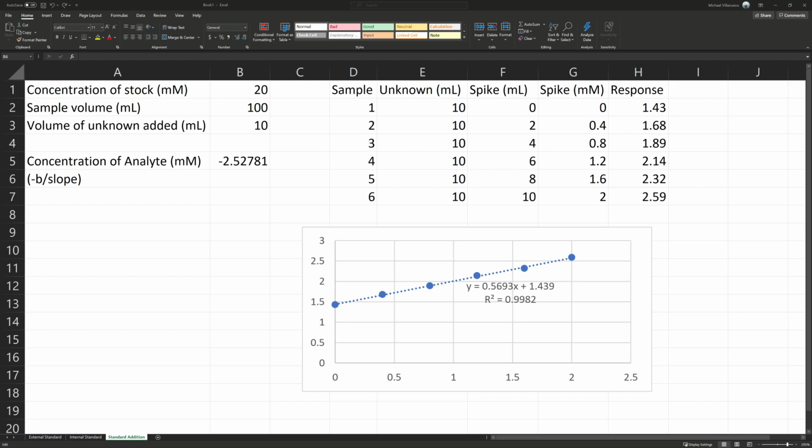There is one more thing that we need to do to this before we complete this. This comes down to the volume of the sample and the volume of the unknown added. We added 10 milliliters of unknown, so we need to account for how much the actual amount is at 10 milliliters.